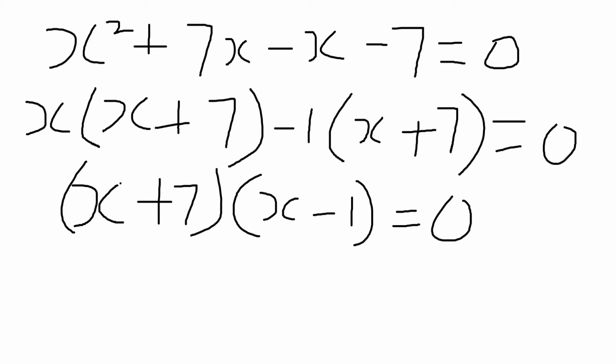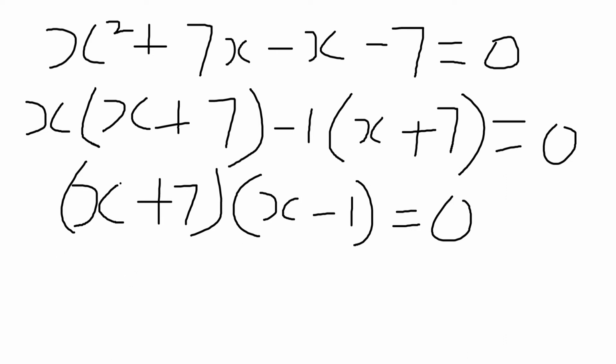But you should know that for two values, call this a and this b, to be equal to 0, then it is either a is equal to 0 or b is equal to 0, or both of them are equal to 0.